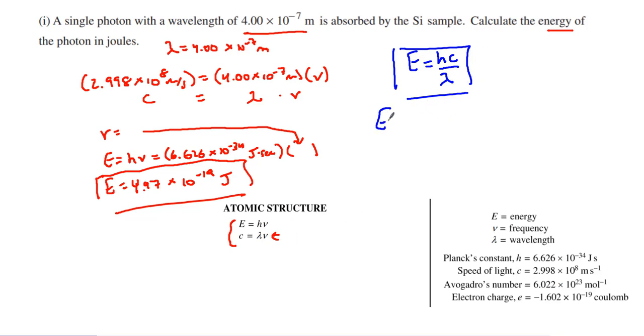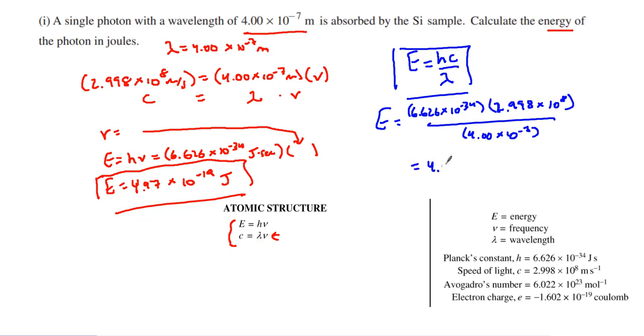And so if you want to do this just in one step rather than two steps, we take 6.626 times 10 to the negative 34th times 2.998 times 10 to the 8th over the wavelength of 4.00 times 10 to the negative 7, and that ends up giving me 4.97 times 10 to the negative 19 joules. I like doing it that way. You can do it in two steps or just in one. Either way, you get the same answer, 4.97 times 10 to the negative 19 joules.